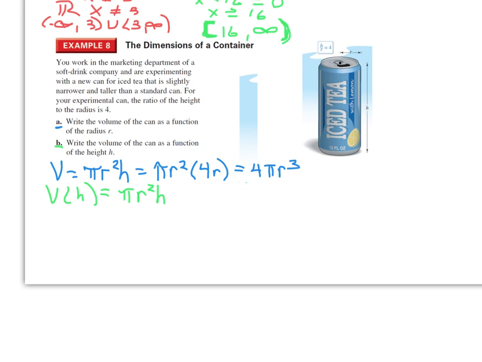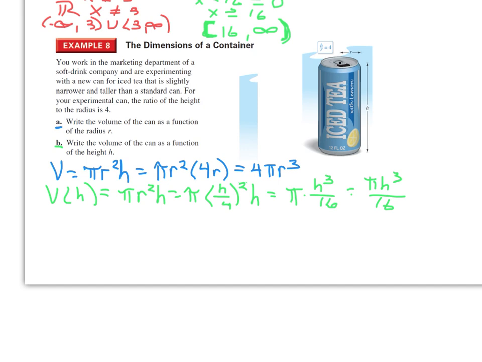Okay, pi r squared, we're doing the radius. So we're looking at pi, and then for r, we're doing h over 4 squared and h. So what we end up with is pi times h cubed over 16, or you can put it all over the same thing.